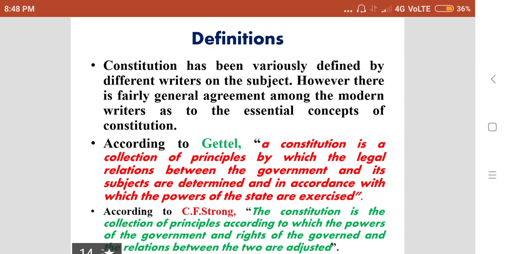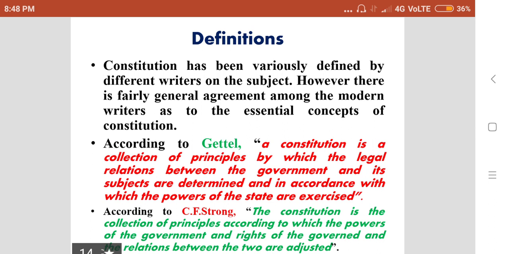Let us move to know a definite meaning of the term constitution, which is given by different political thinkers. Constitution has been variously defined by different writers on the subject. However, there is fairly general agreement among the modern writers as to the essential concepts of constitution.